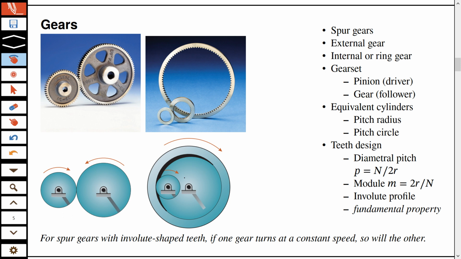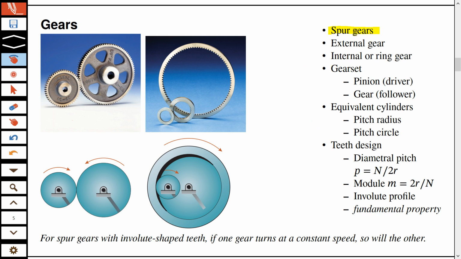This topic is more challenging. So it's about gears, and gears are used to transmit motion. So there are different types of gears. So what you see on this side, these ones, they are called spur gears. It's just a name.